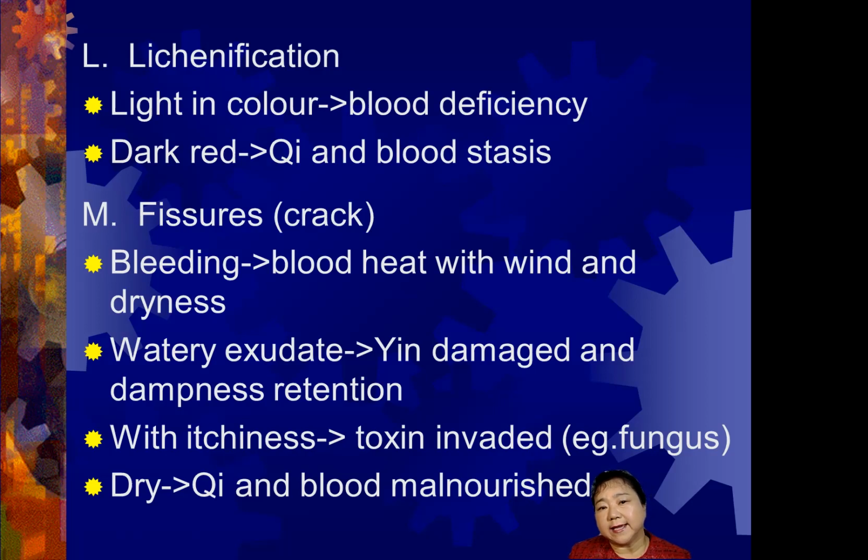Watery exudate is related to the undamaged and the dampness retention. If fissures with itchiness, it often has toxin invaded, for example, fungus. Fungus is considered a toxin. If the fissure is really dry, it indicates qi and the blood malnourished.